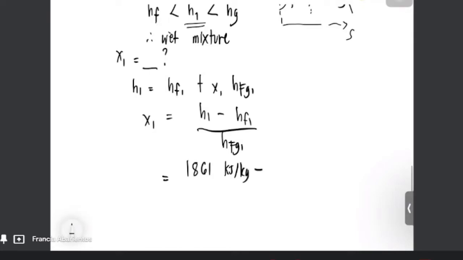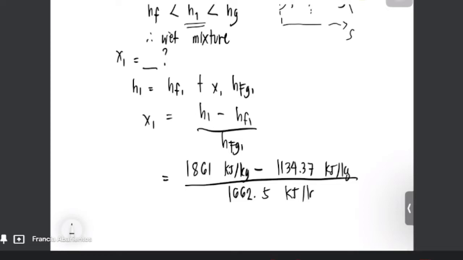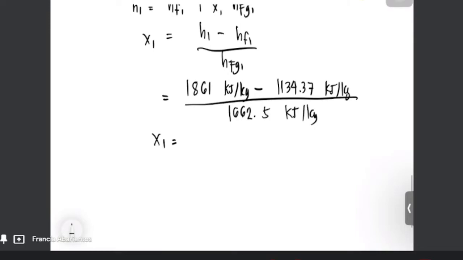Sige, compute nyo na. Ano yung Hf natin sa 260? 1,134.37. And also the Hfg is 1,662.5 kilojoule per kilogram. What is now your quality? 4 na decimal. Sige. Chat nyo na class sa chat box.